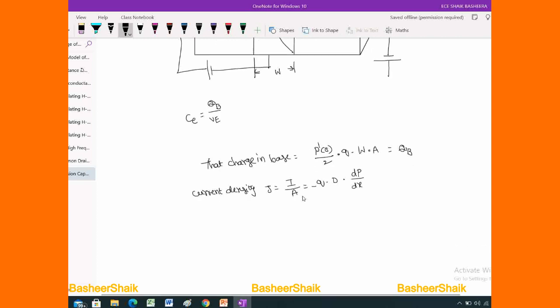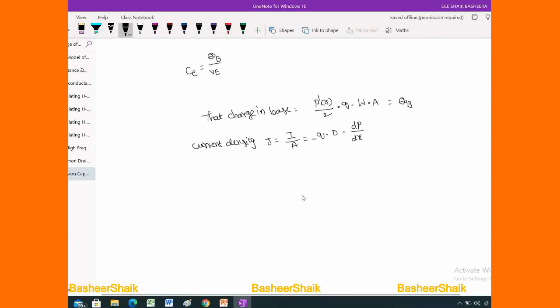Here the charge particles are holes, so we represent the current density in the base due to the emitter current over the cross-section area A as Q DB into P dash of 0 by W.